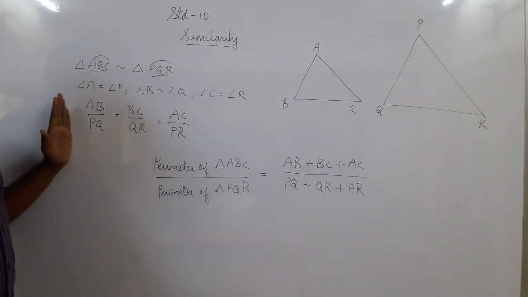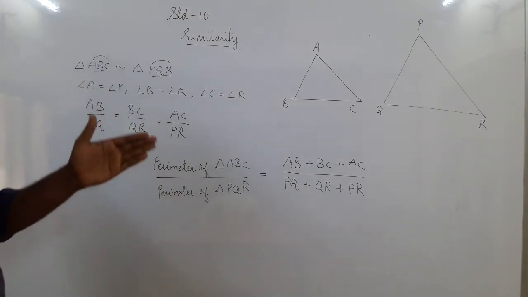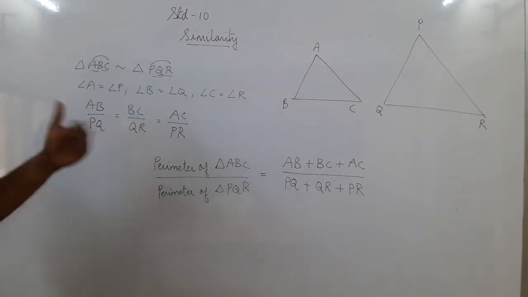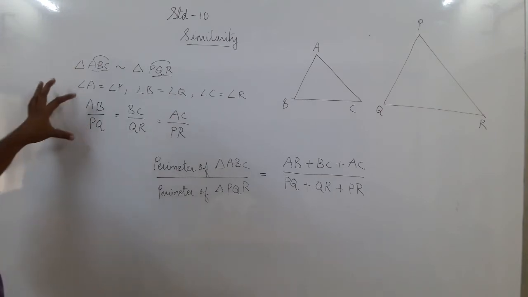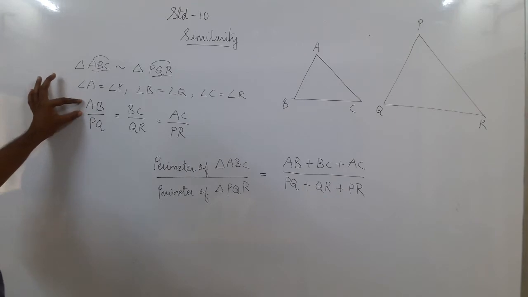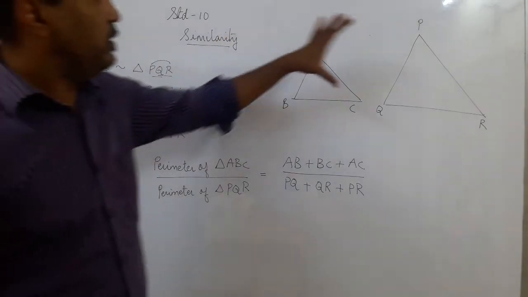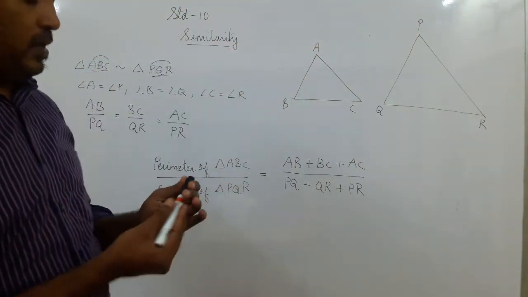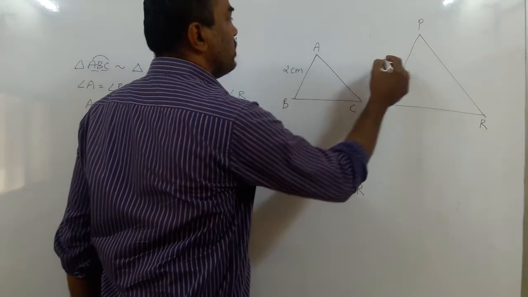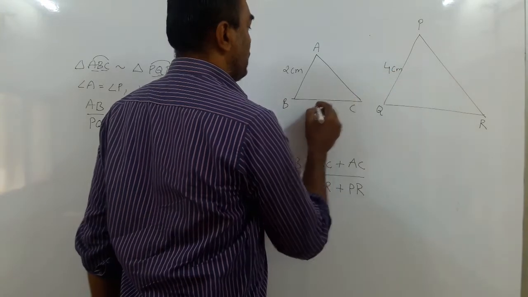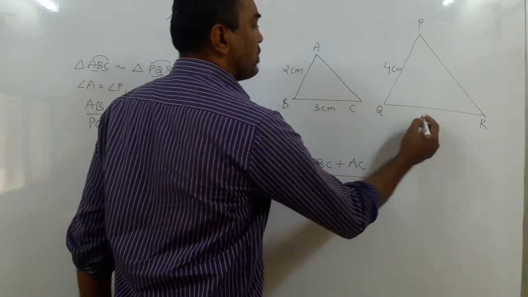What we have done is similarity, and we have done a few sums to find the ratio. Do you remember what similarity tells you? Let us say PQ is twice the size of AB. Twice the size means if this is 2 centimeters, this is 4 centimeters. If this is 3 centimeters, this is 6 centimeters.